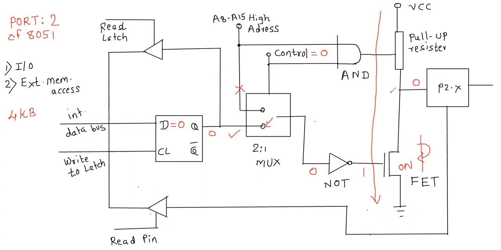Now this is the initial arrangement. Now at the occurrence of every clock pulse, whatever we write at the input, 0 we get 0 at the output. If we write 1, we are going to get 1 at the output. So this is about the output operation of the microcontroller.